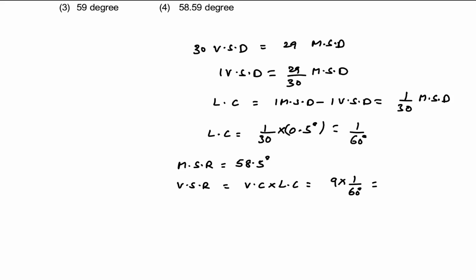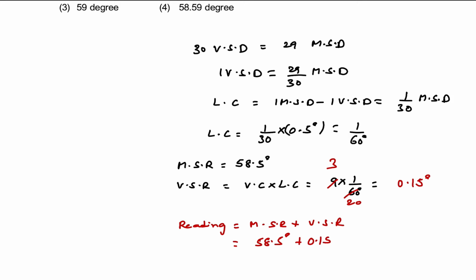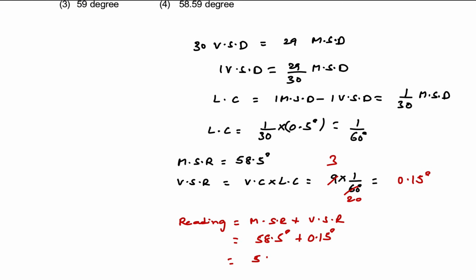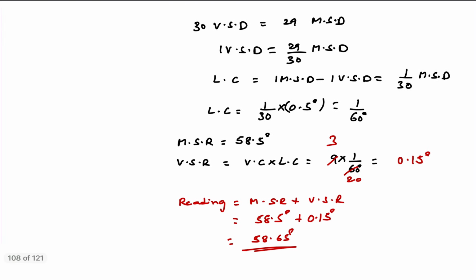If you see 9 by 60, the approximate value is 3 by 20. 3 by 20 means 0.15 degrees you will get. Now the final reading can be written as main scale reading plus vernier scale reading. If you add both, you will get 58.5 degrees plus 0.15 degrees. You get the value 58.65 degrees. Second option is the correct option.